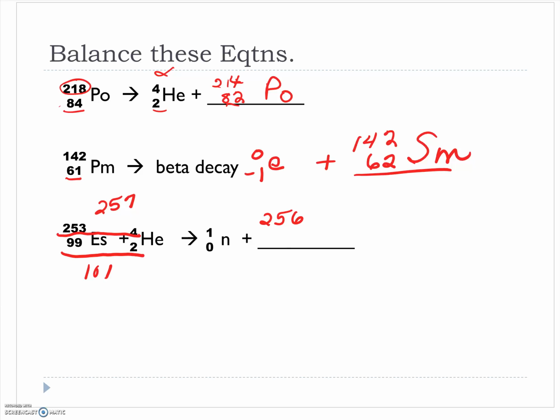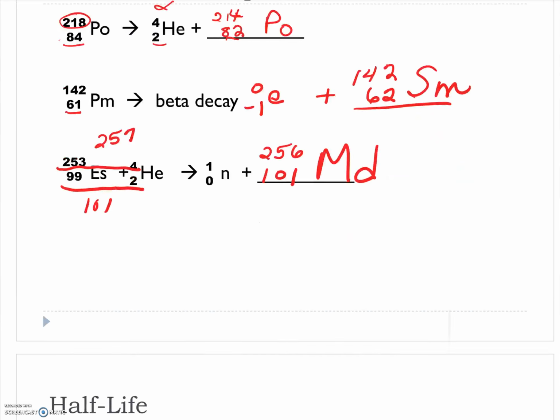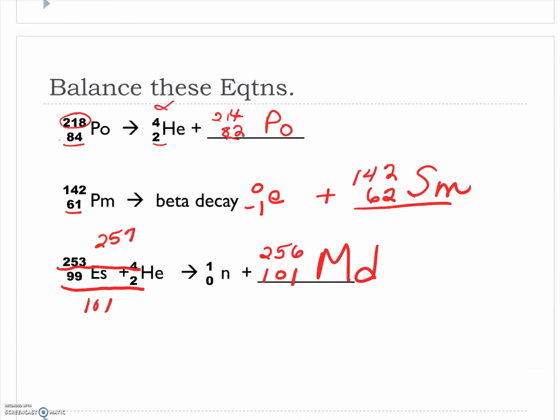So I need 101 on this right side. 0 plus 101 is 101. So on the periodic table, 101 is Md, mendelevium. All you've got to do is make sure the numbers are equal on both sides.